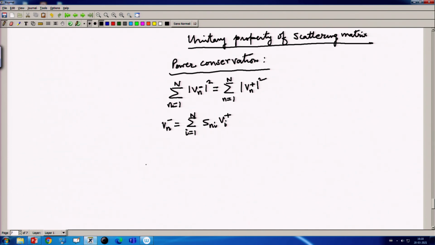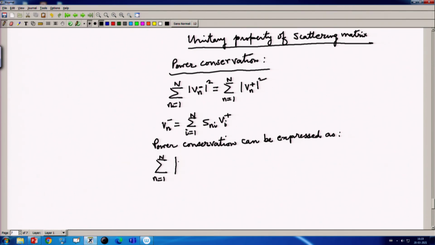So, therefore, the power conservation can be expressed as follows.